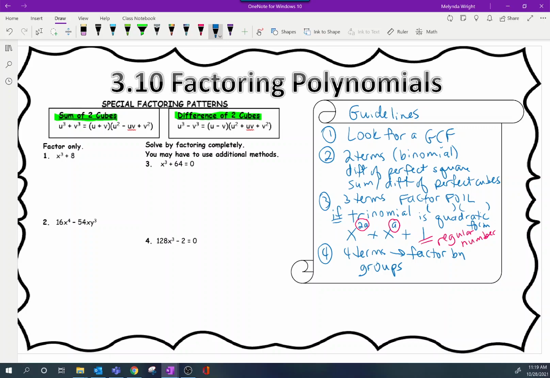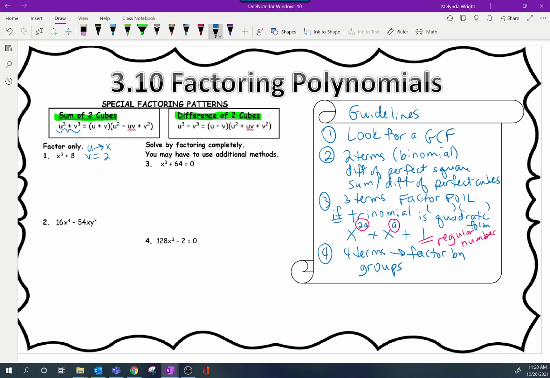In the very first one, we're just factoring only. Notice that I have a perfect cube, x cubed is a perfect cube, and 8 is a perfect cube because it's 2 cubed. So in order to match this factoring pattern for the sum of two cubes, I'm going to list what each variable would be. u would be the x, and v would be 2, because 2 cubed is 8.